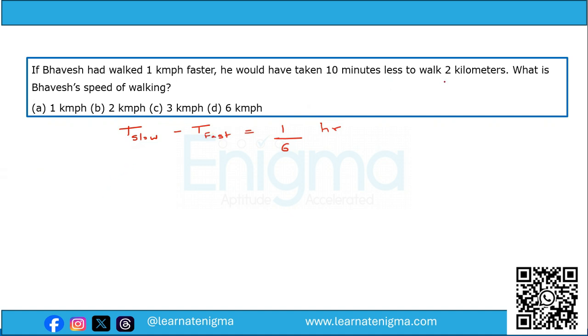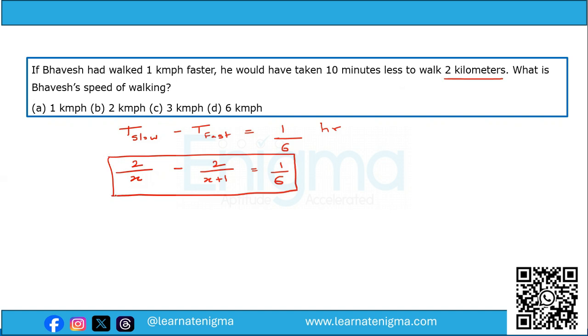So, the distance traveled in both the cases is 2 kilometers, and the general formula for time is distance upon speed. So, 2 upon x minus 2 upon x plus 1 is equal to 1 by 6. Now, this is our main equation.